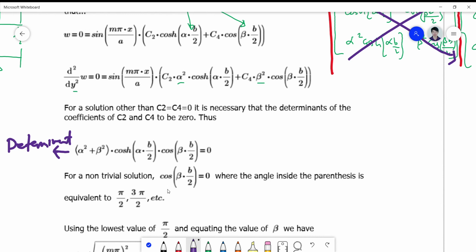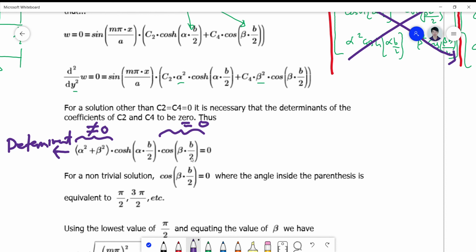And take note that for this non-trivial solution to be valid, this part here must be 0, so this must be equated to 0. Alpha beta squared must not be 0, because if alpha and beta are 0, then there's no buckling behavior that is going to happen.